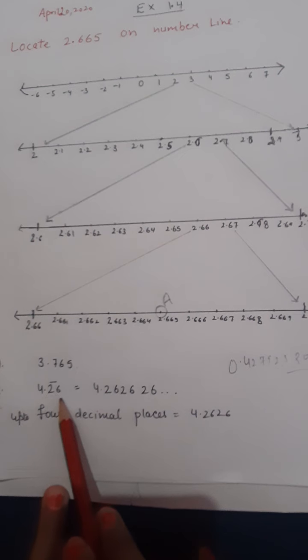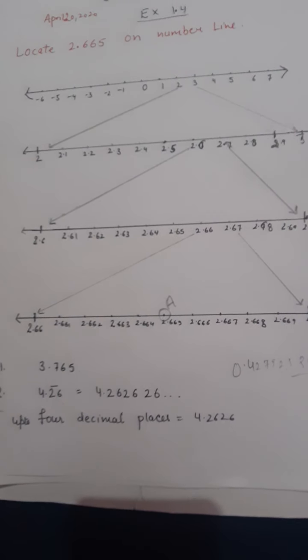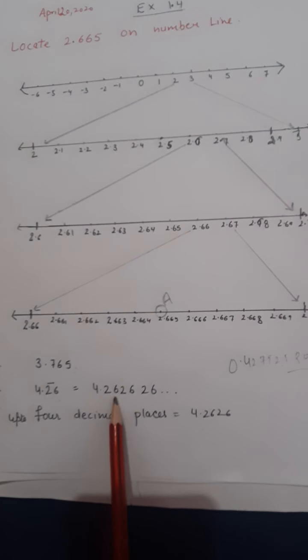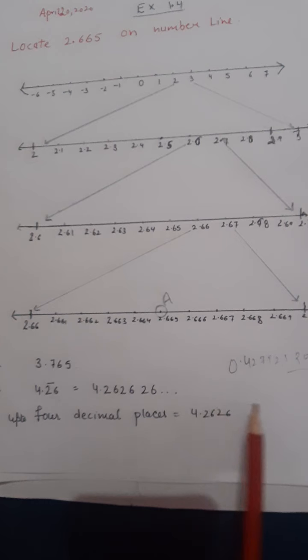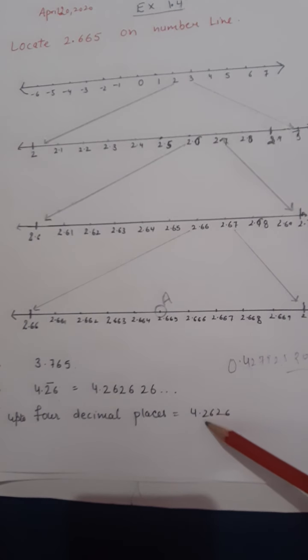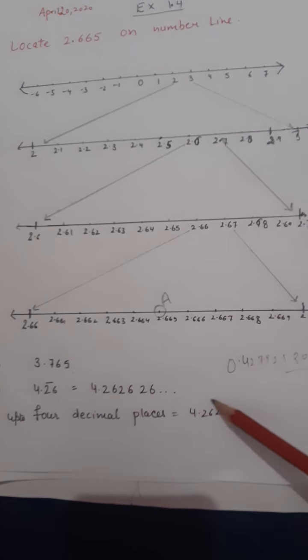This type of number is known as a repeating decimal expansion. 4.262626 will continue like this, right? But we have to check it up to 4 decimal places, so we are taking 4.2626. Up to here only you have to visualize.